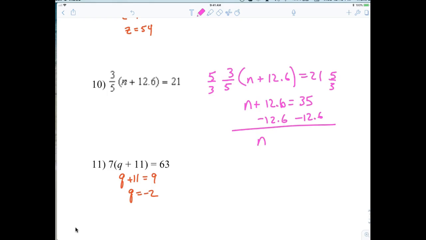I prefer mental math here. So what is it? Beautiful. 22.4. Because you subtract 10 first, which makes it 25. Then you subtract 2, which makes it 23. Then you subtract 0.6, 22.4. Think in terms of money.